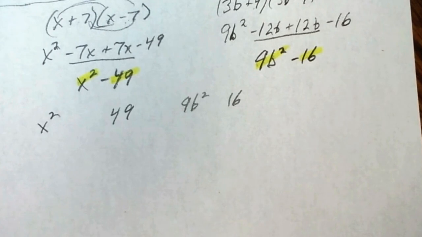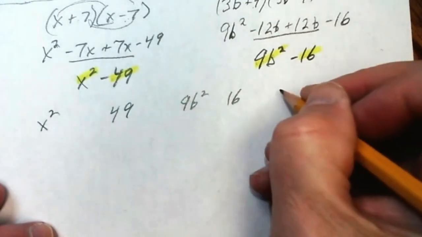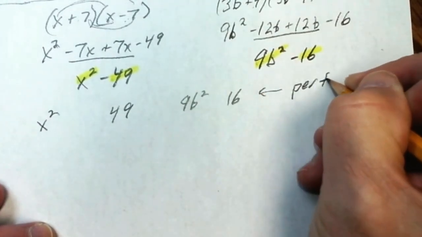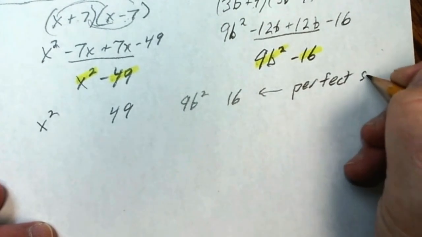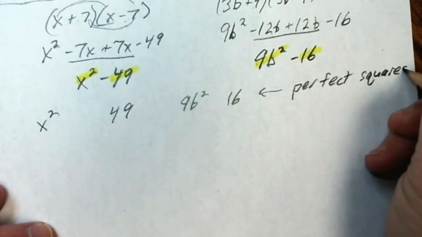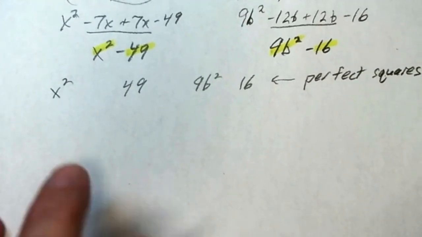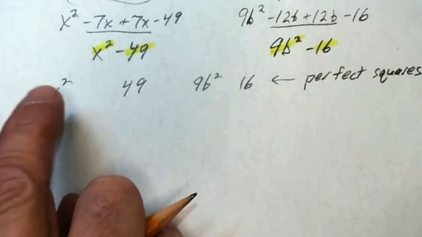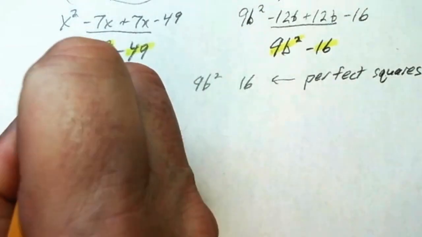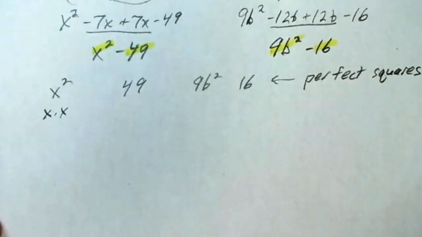What do you mean perfect squares, Mr. Brock? It means like you could take the square root and it's a nice easy number. Perfect squares. These are all perfect squares. So by that, I mean that we can get this number by doing x times x.